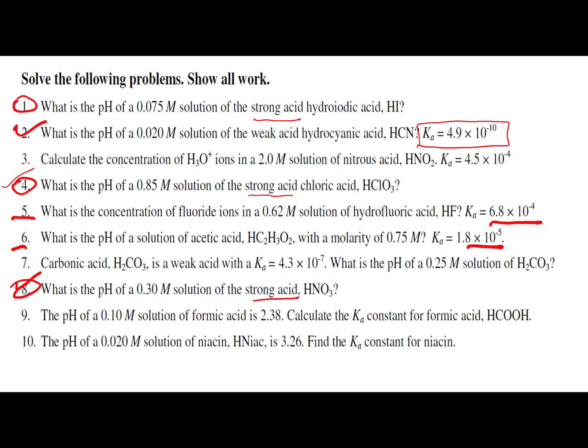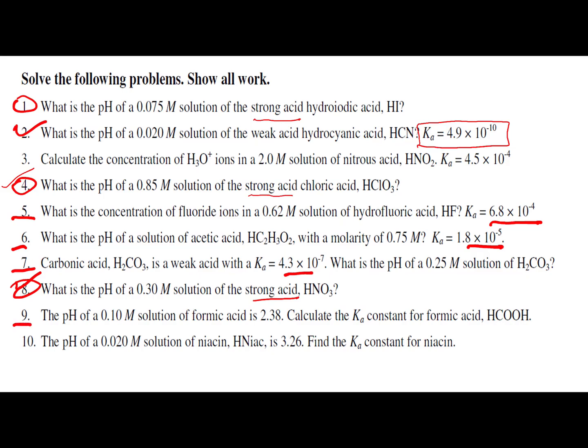X is your hydrogen ion concentration. Take the negative log of it. That will be your pH. Number 7, carbonic acid. 4.3 times 10 to the minus 7 equals x squared over 0.25. Solve for x. That will be your hydrogen ion concentration. Take the negative log for your pH.